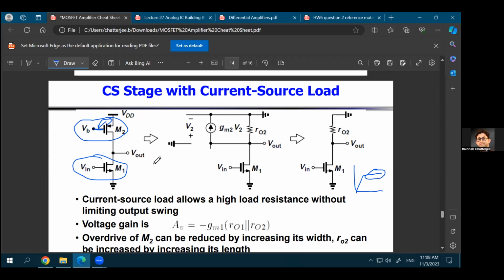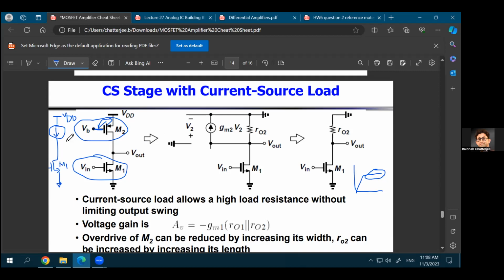So how you can represent this, maybe it's not drawn over here, but I'll just draw it on the left hand side, that you have your VDD, then you have a current source. So let me just directly draw a current source over here, and then you have your M1 transistor, and you're applying your input at the gate of the M1 transistor.